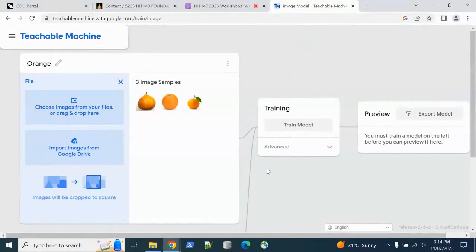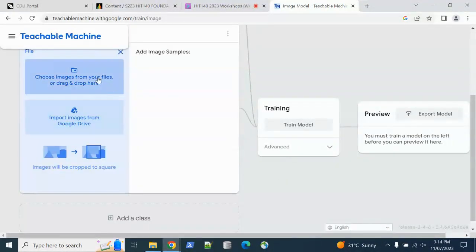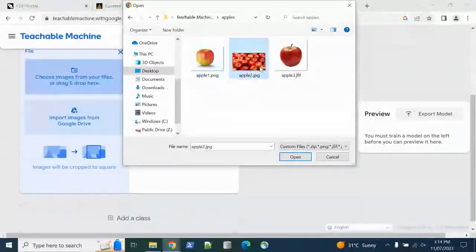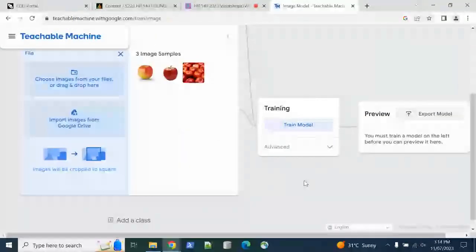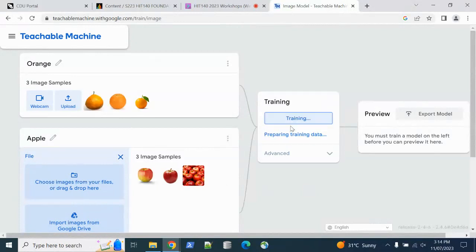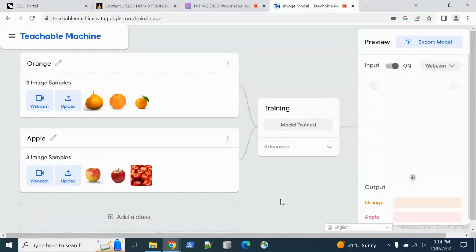That's what we are basically telling the computer to do. Apple, likewise, I will provide with a few images of apple. Just to be fair, we give 3 to each, and then train the model. So something happens in the cloud.